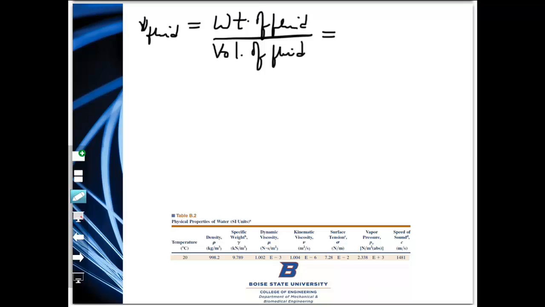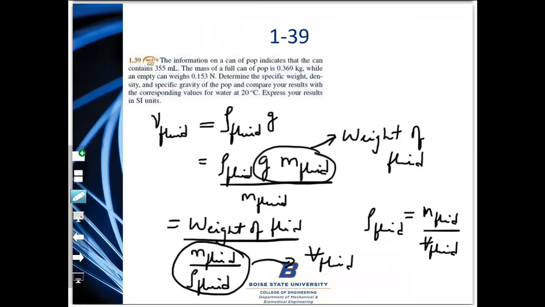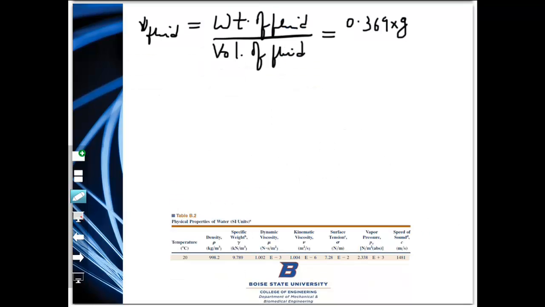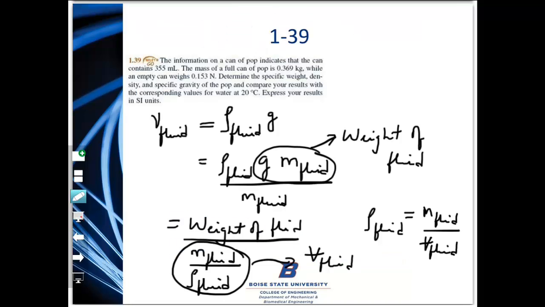So this would be 0.369, which is the mass of a full can, times acceleration due to gravity, which is what we are given there, right? Minus the weight of an empty can, 0.153.